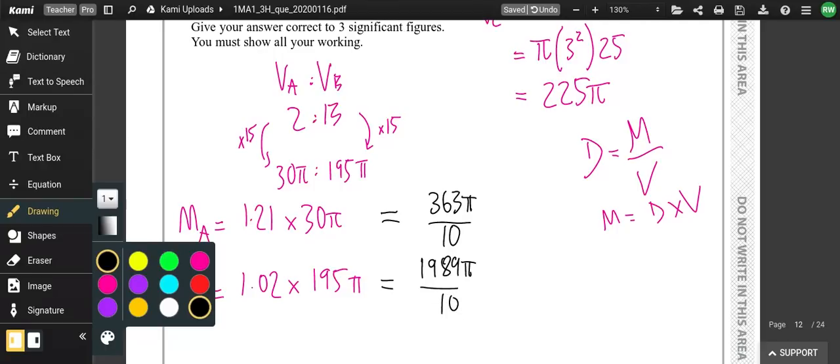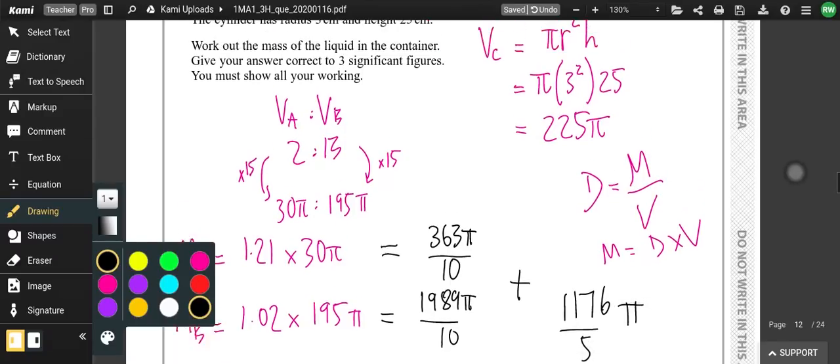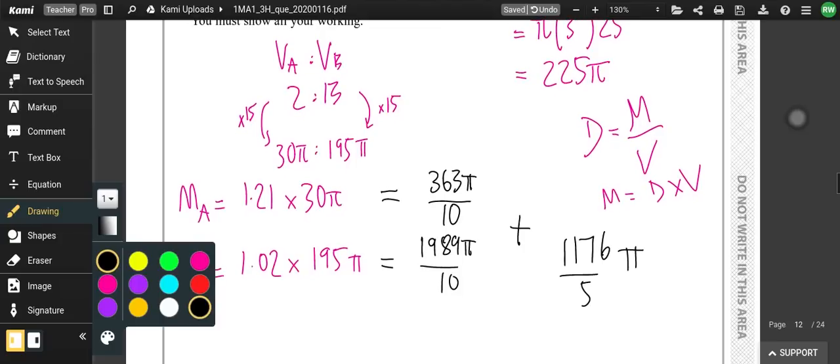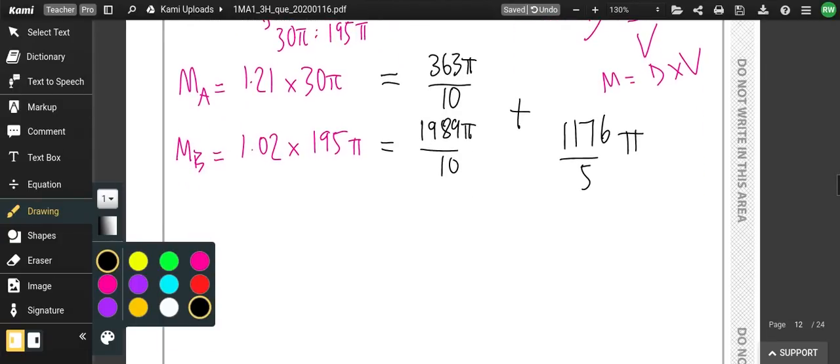So when I add that together, I get 1176 over 5 pi. And so that will be the complete mass to 3SF. Let's just put that in a decimal. 739 grams to 3SF.